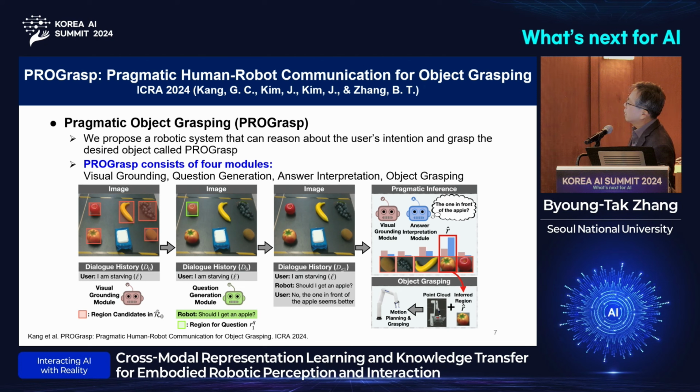And then finally, you should grasp the object. This is some preliminary research. Going back to the idea of the ultimate universal learning machine, we should actually do more after that as well. After grasping, it might be wrong, and then because of the wrong grasping or action, you need to ask other questions or recognize others.